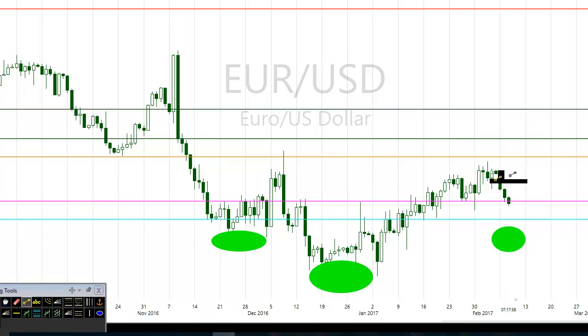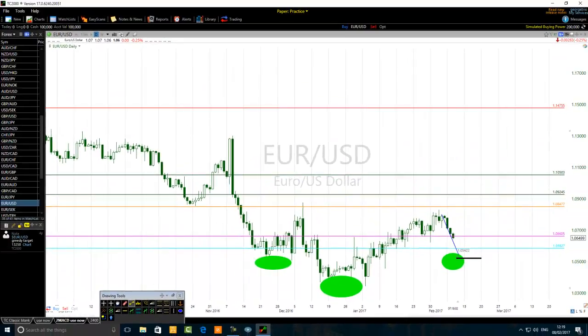It will be nice if the euro can pull back near the short-term equilibrium price level in the zone of 1.0582 and find a support. And hopefully, repeat, hopefully, it will manage to go above that critical long-term equilibrium price level at 1.0847.